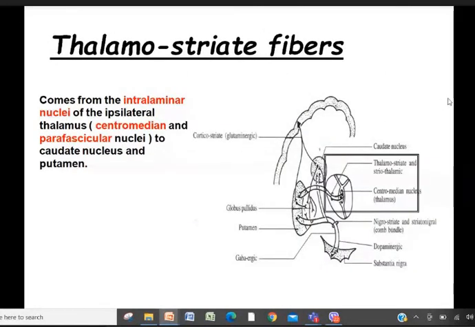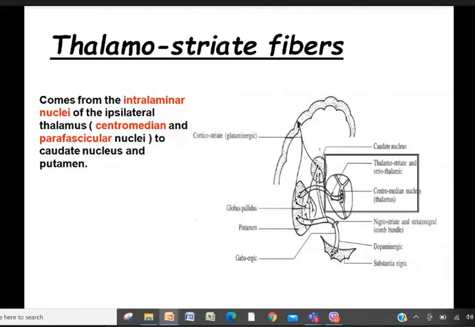Similarly, the fibers coming from the thalamus: in the thalamus you have studied the centromedian and intralaminar nuclei. The fibers come from the intralaminar nuclei of the ipsilateral thalamus, the centromedian nucleus and parafascicular nucleus, to the caudate nucleus and putamen.